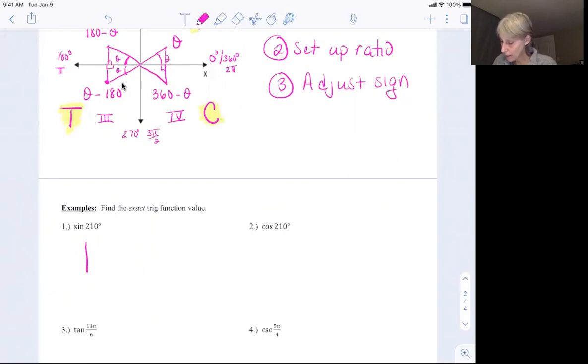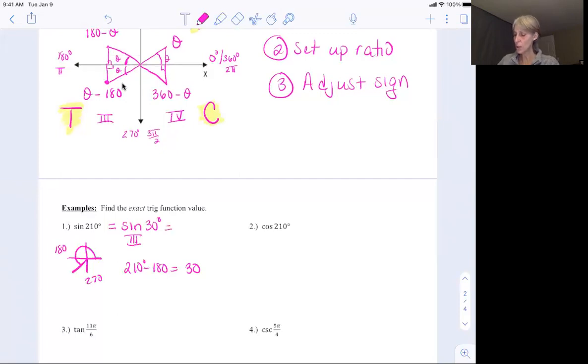So I think in my head, 210 would be somewhere over there. 180, 270. So I'm going to use the rule. So 210 minus 180 gives me 30. So I'm really setting up the function value for the sine of 30 in quadrant 3.